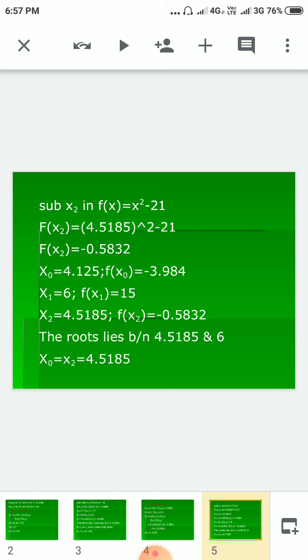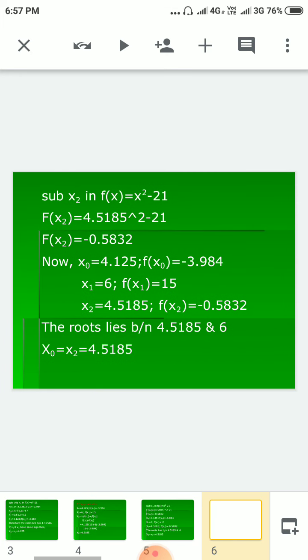So now we can replace the value of x2 as x naught. So x naught is equal to 4.5185, right? Once again, after getting this x2 value, substitute it in this equation and we get f of x2. Again we have to find the root like this, with the values x0 is equal to 4.125, x1 is equal to 6 and x2 is equal to 4.5185, and the corresponding f of x0, f of x1, f of x2.